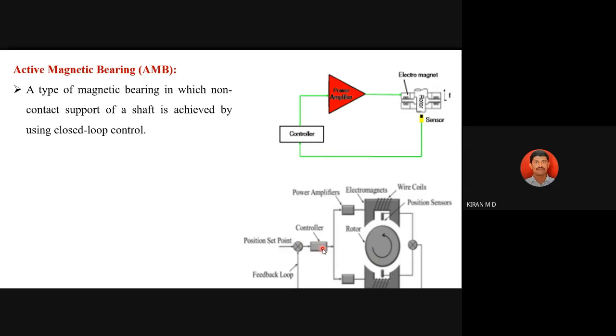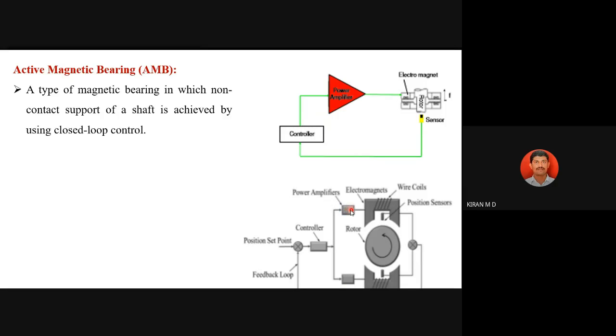Again it will pass to the control unit. It will compare the position you set previously with the actual position, comparing both the inputs and outputs. It will pass the signal to the power amplifier; you can see two power amplifiers here.